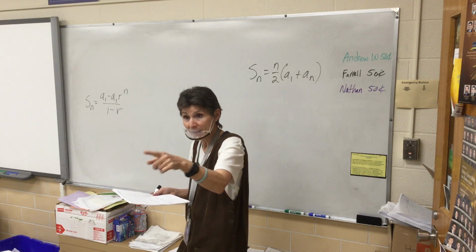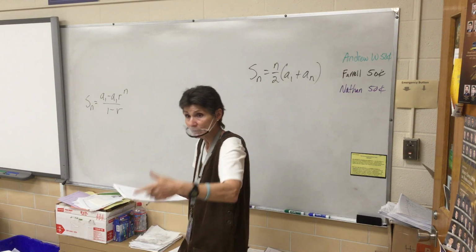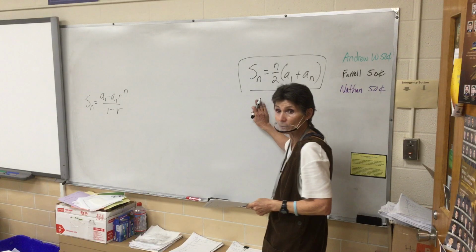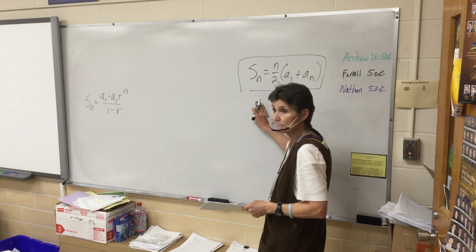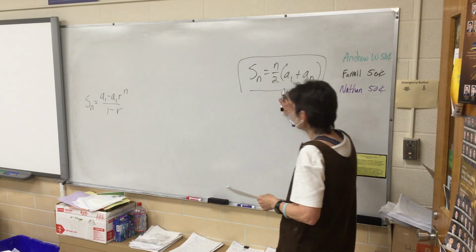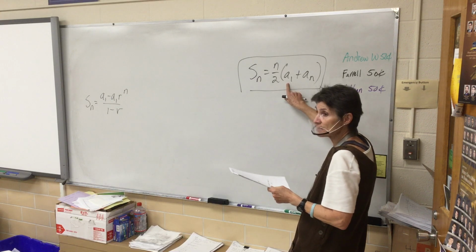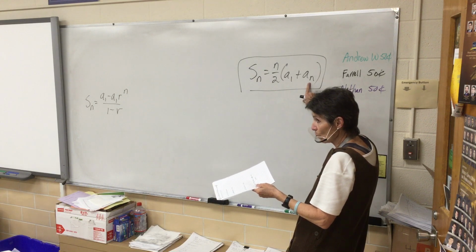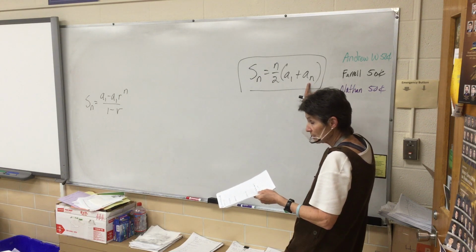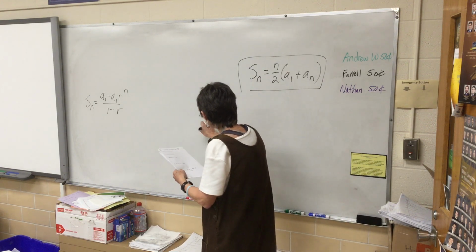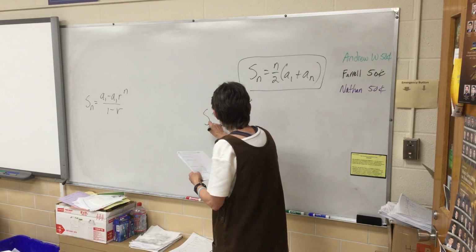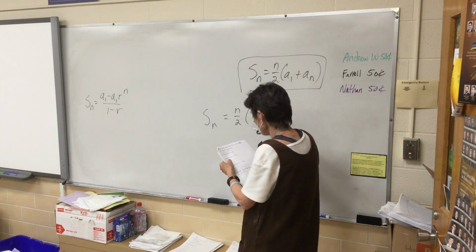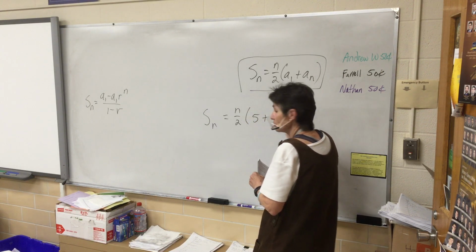Okay, so it's arithmetic. That's the first thing. It's arithmetic, which means this is the formula I'm going to use. And remember, in this formula, this stands for the first term, and this stands for the last term. Don't I have that? Yep. I know that the first term is 5, and the last term is 53.